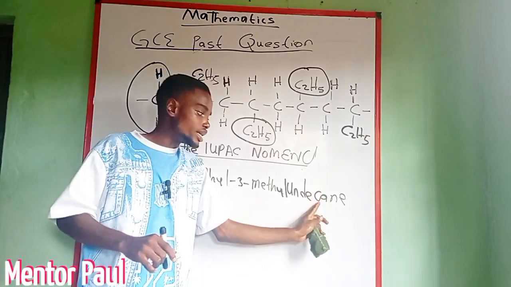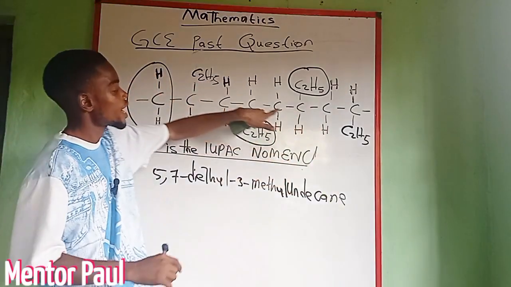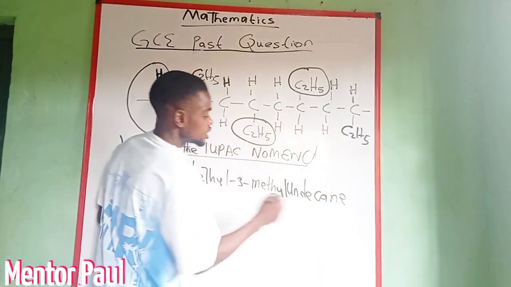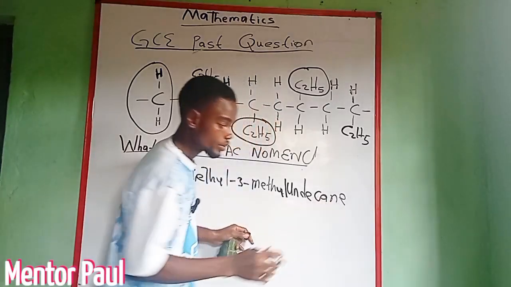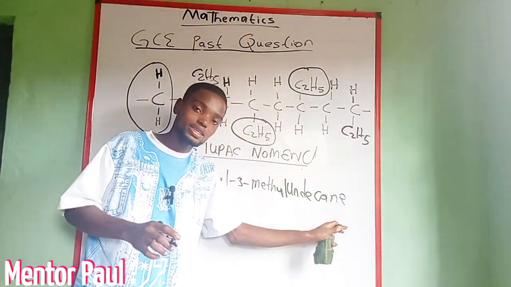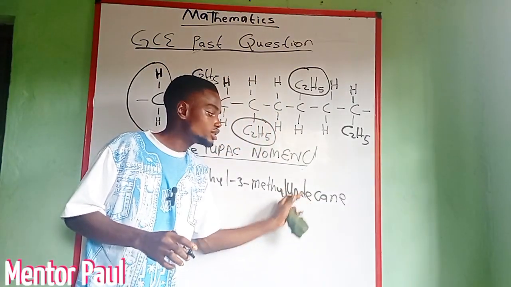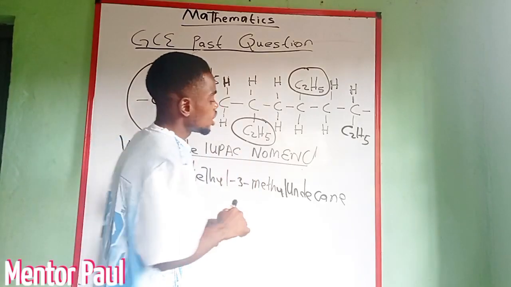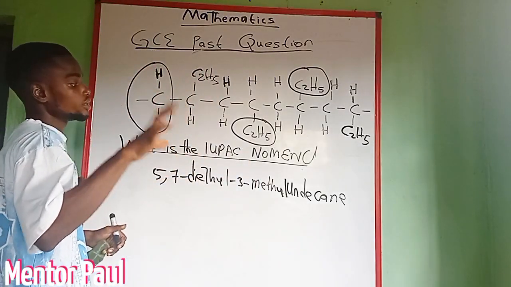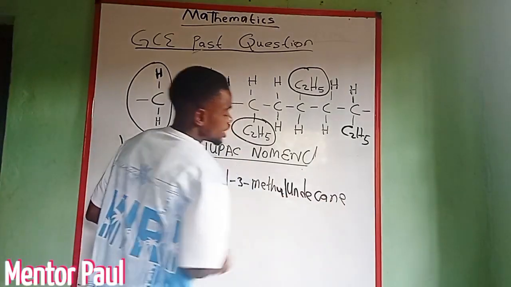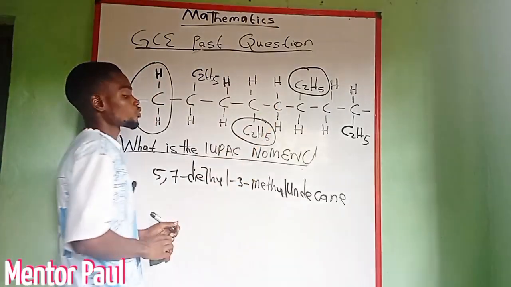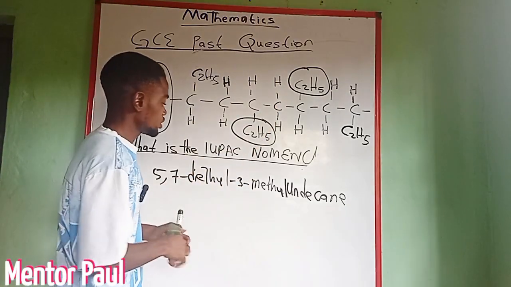But undecane, the ANE here shows that these have single bonds. If there was a double bond, it would be ene. So the undec is the carbon name, while the ANE is the type of bond, which is a single bond. So that is it, the structure naming.